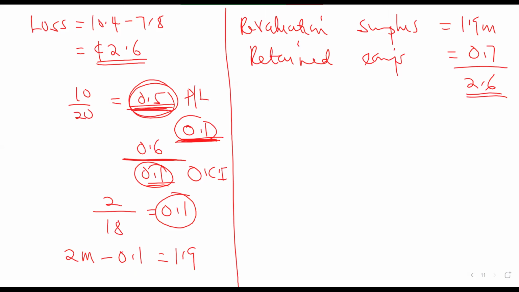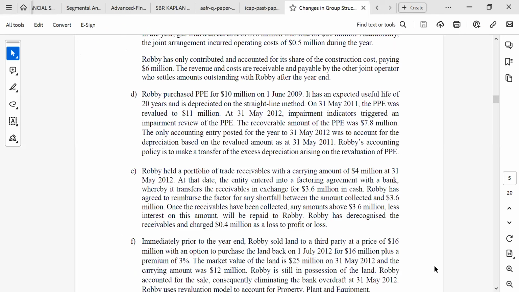Okay, let's go to the E. What are we having there? Robbie held a portfolio of trade receivables with a carrying amount of 4 million at 31st May 2012. At that date, the entity entered into a factoring agreement with a bank whereby it transfers the receivables in exchange for 3.6 million in cash.